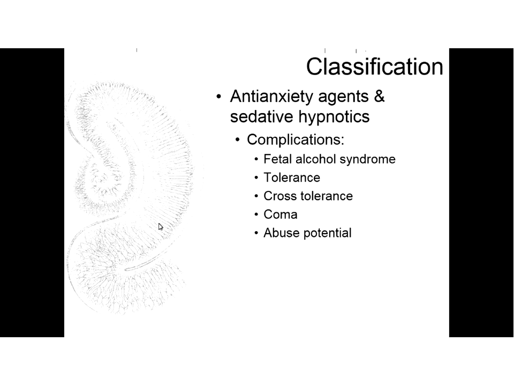So you can see cross-tolerance from drugs in this category of the anti-anxiety agents as well as the sedative hypnotics. Another issue we've talked about is potential coma and death from combining these drugs together, and both of these agents have the potential for being highly abused. So that's another complication associated with this class of drugs.